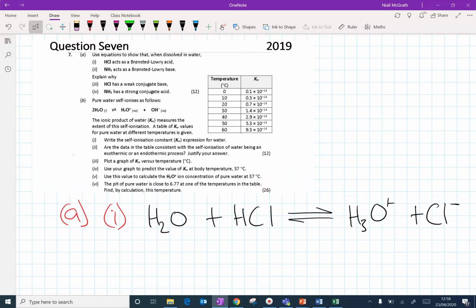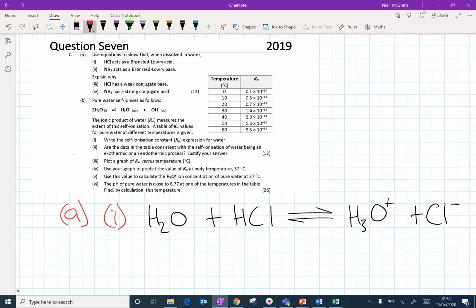Okay, so hydrogen donates a proton, donates a H plus to the H2O, and you have H3O plus. So HCl there is acting as an acid as it is donating a proton.